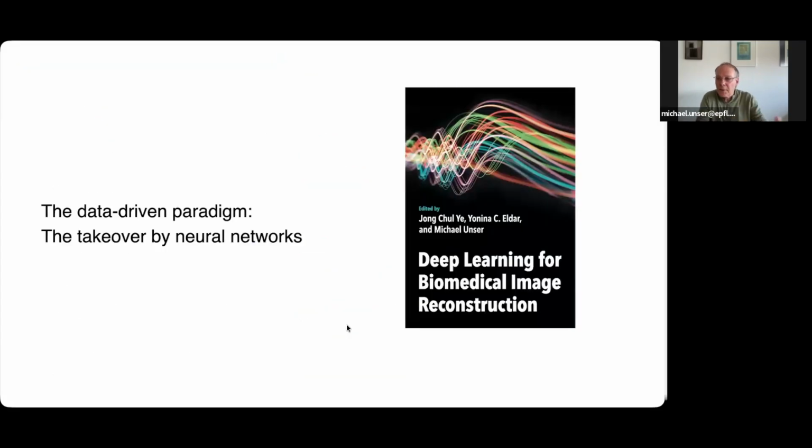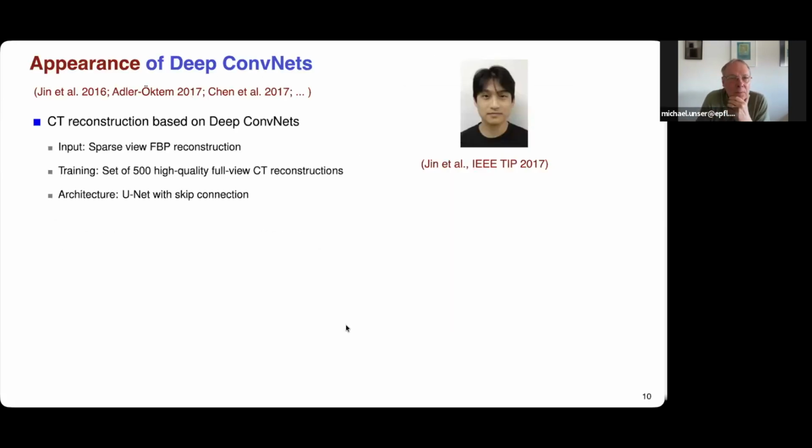Okay, but since then, things have changed, and neural networks have taken over. Let me just give you a little peek at neural networks, again seen through the lens of what was done in my lab.